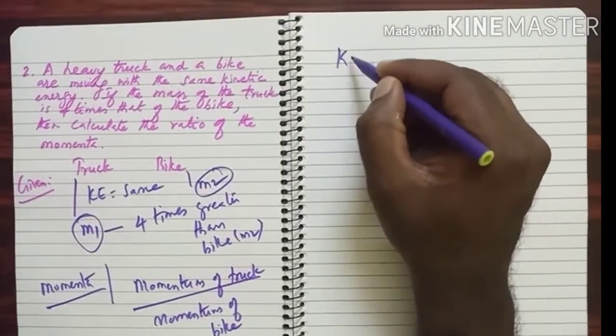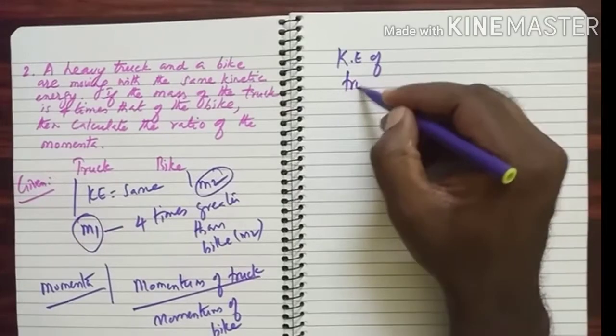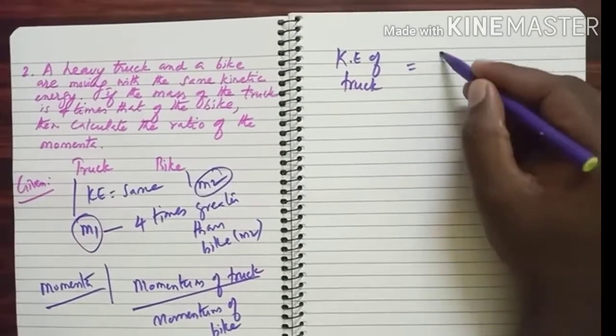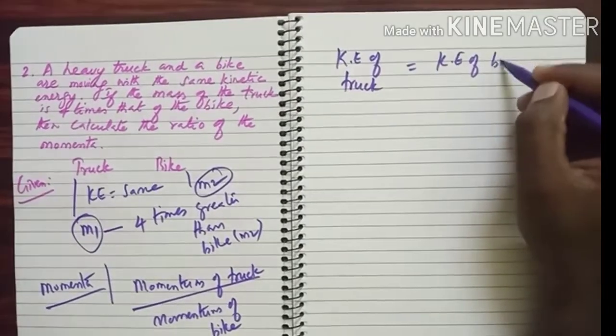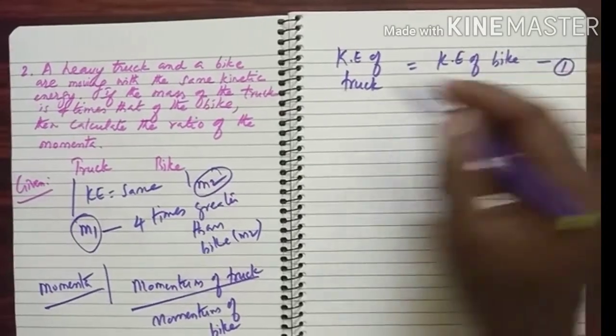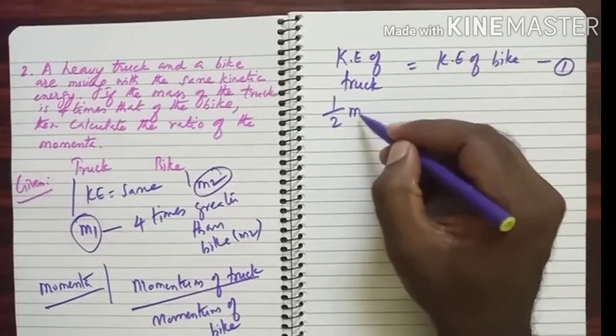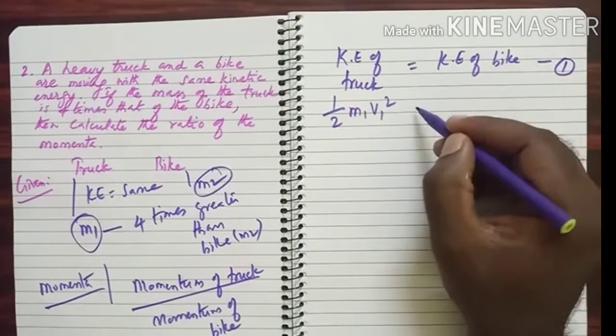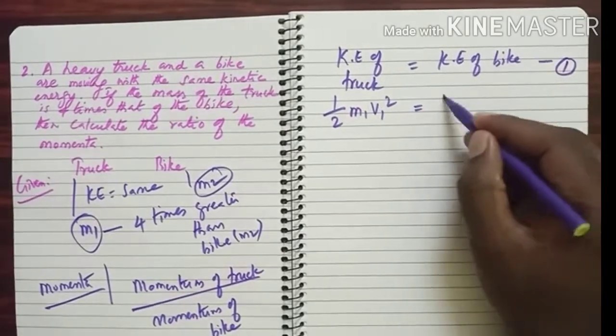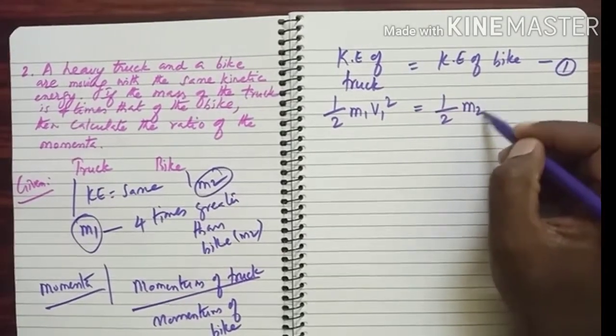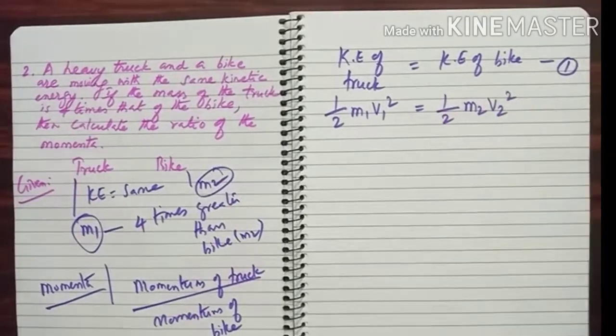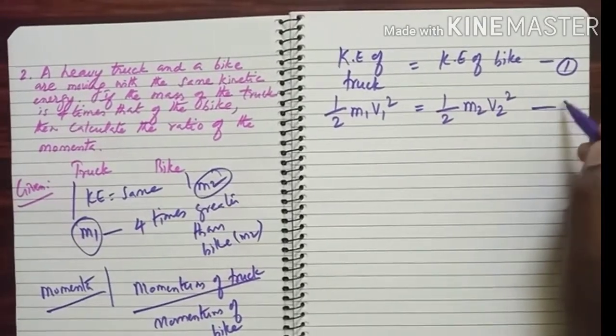So kinetic energy of truck is equal to kinetic energy of bike. This is the first condition: half m1 v1 square for the truck is equal to half m2 v2 square for the bike.